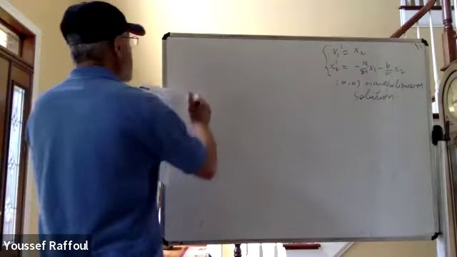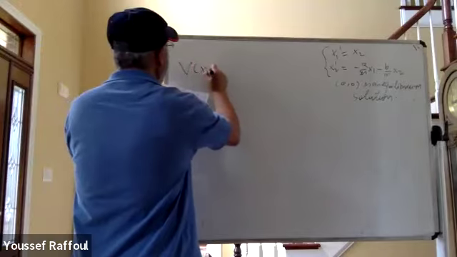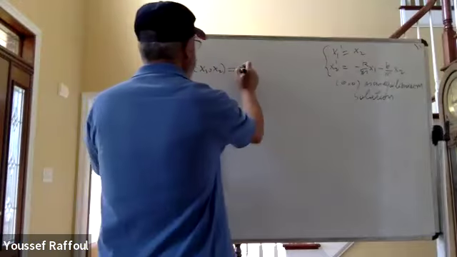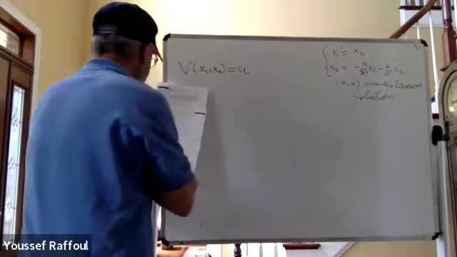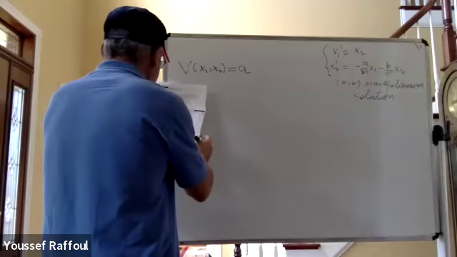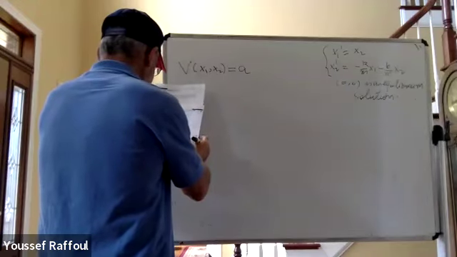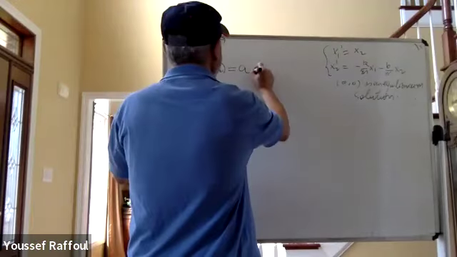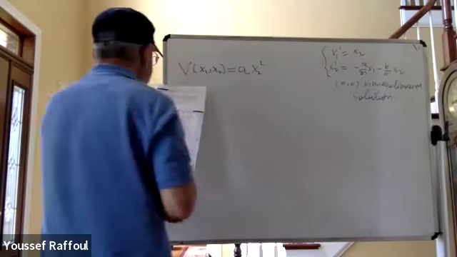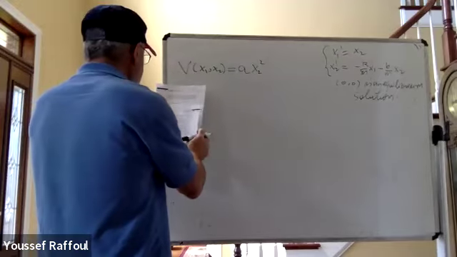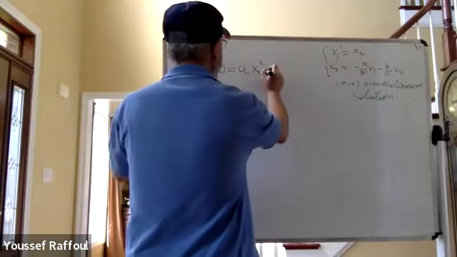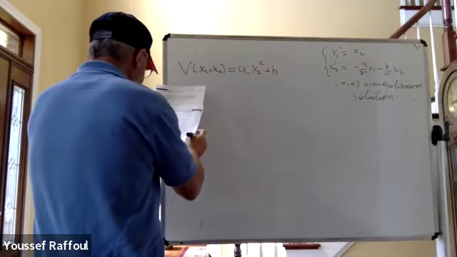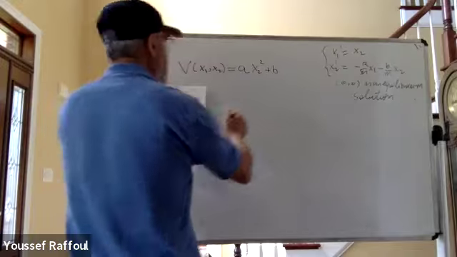So I am going to let V of x1, x2 equal A x2 squared plus B x1 squared.